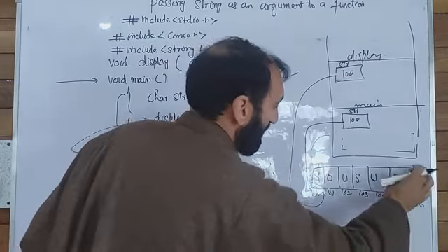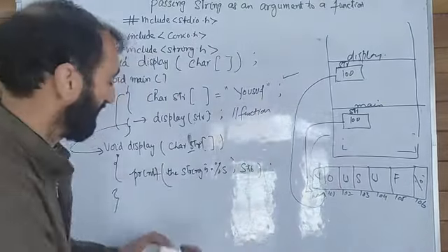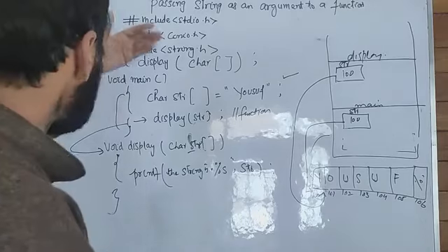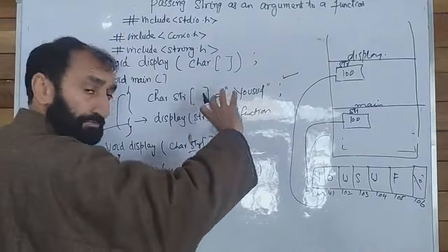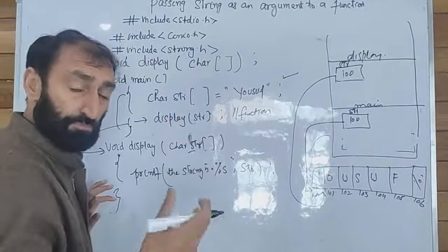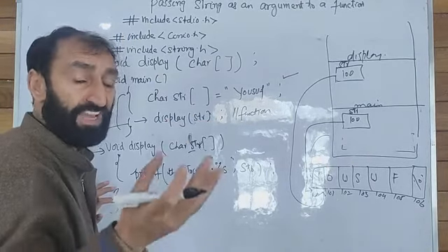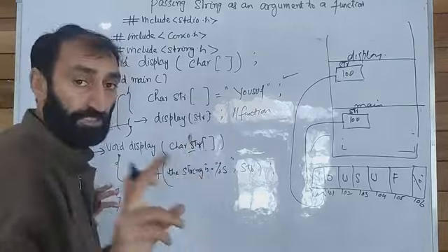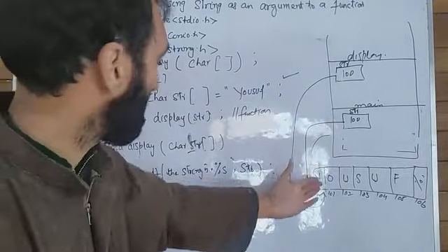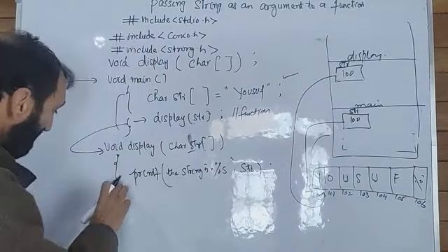One by one these elements, Y O U S U F, will get accessed and displayed on the screen. So we can say that the mode of passing is by reference: the address is passed, not the value.